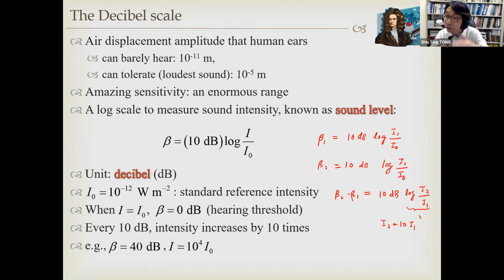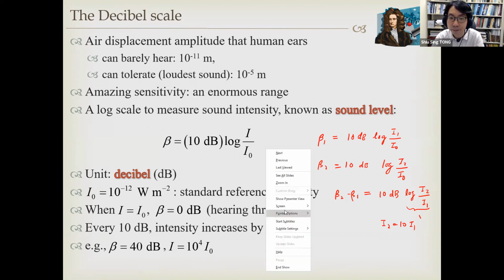Okay, so a difference of 10 decibel corresponds to an increase in intensity of 10 times. So it's a multiplication by 10. It's not simply adding up the intensity, but the log scale. So for example, if you have 40 decibel, that means the intensity is 10,000 times the threshold of hearing. Okay, so you understand this scale.